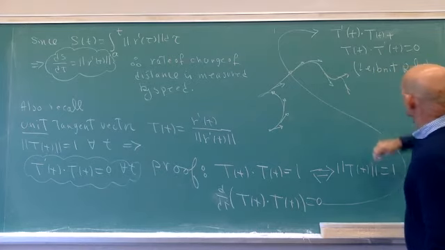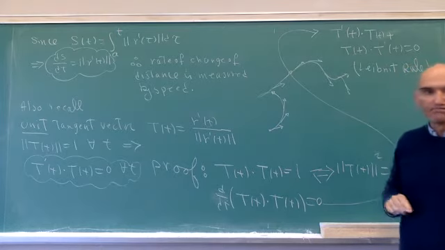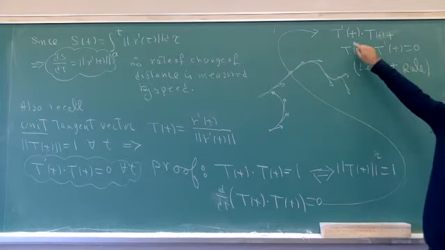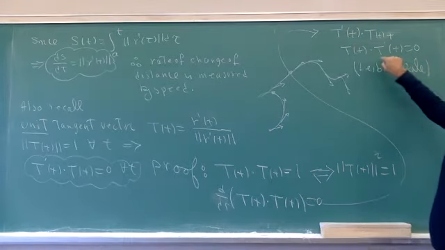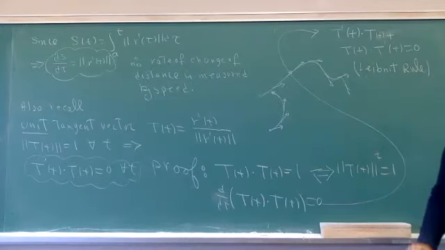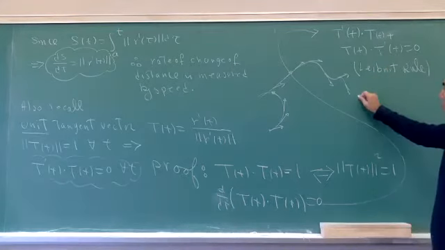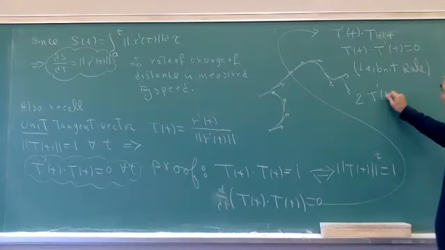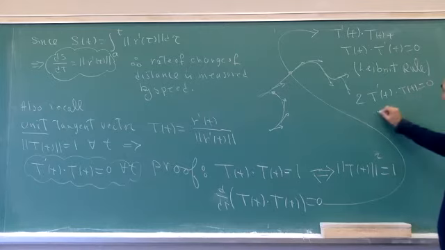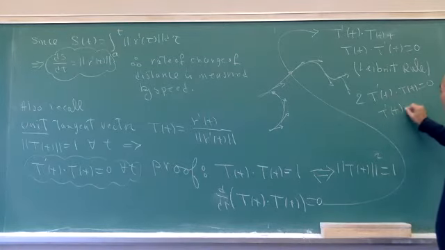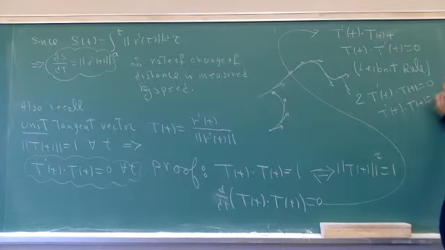Okay, so then what can we do? This is T' dot T, and this is T dot T'. But we know that the dot product is symmetric, so we can just write it twice: 2 T'(t) dot T(t) equals 0. In other words, T'(t) dot T(t) is equal to 0.